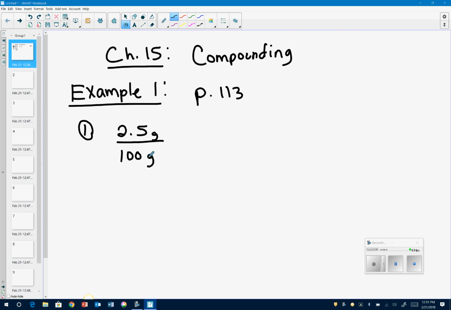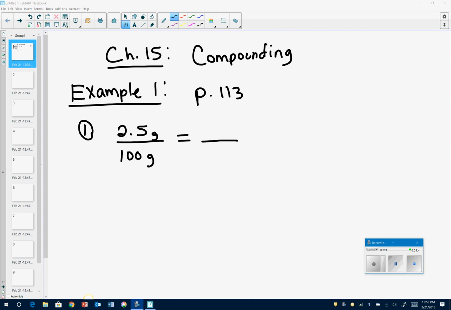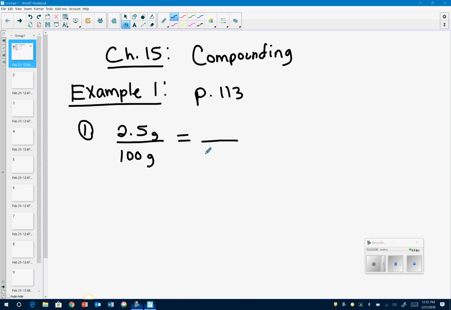Then you just put the grams for both of those. Then, of course, it says dispense 60 grams. So down here, this is going to be the total that you want to make, because over here this 2.5% is out of a total of 100.